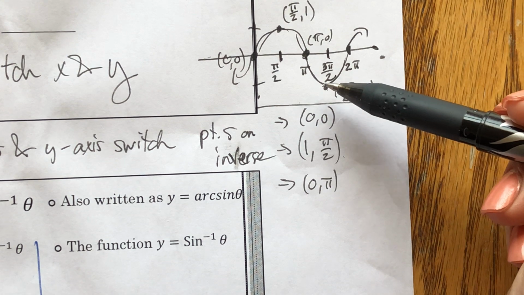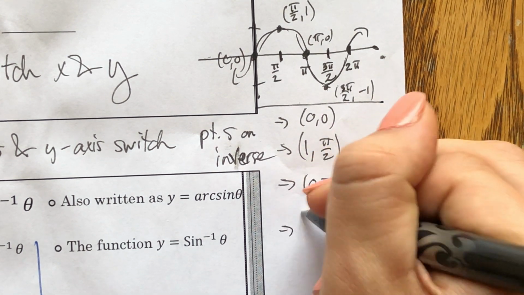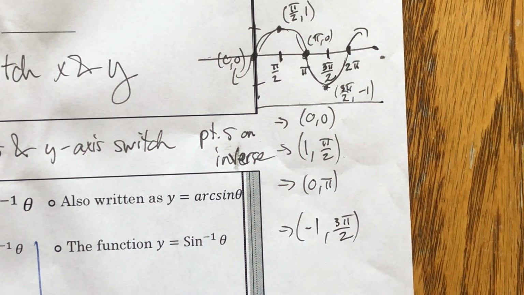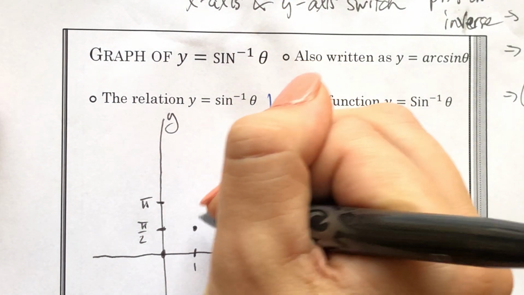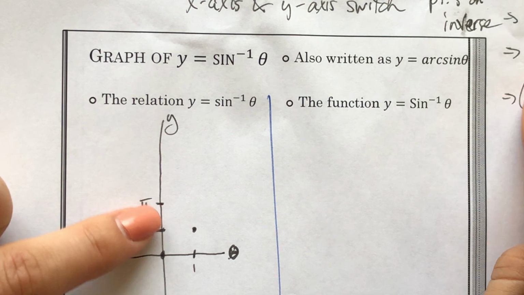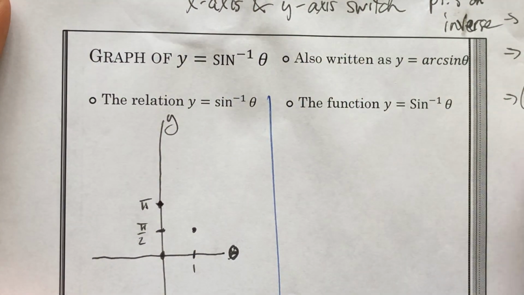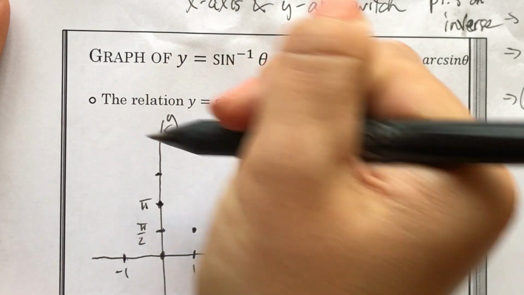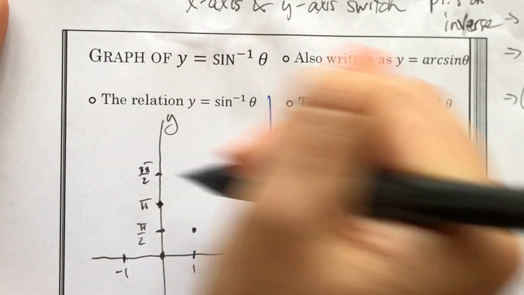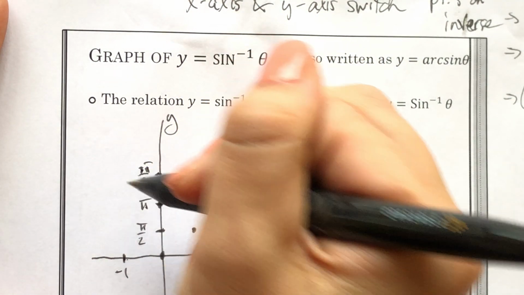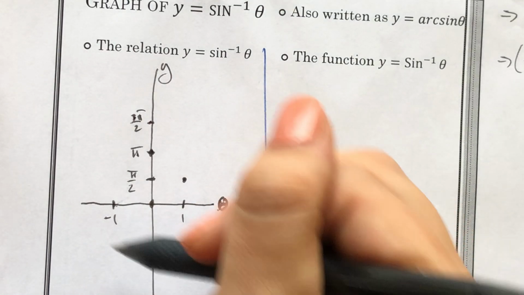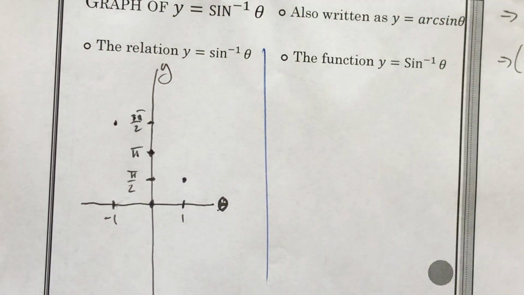So the inverse point would be -1, 3 pi over 2. So 0, pi, boom. Now -1, I'll put a -1 here. 3 pi over 2, I'll put there. -1, 3 pi over 2 will be here.